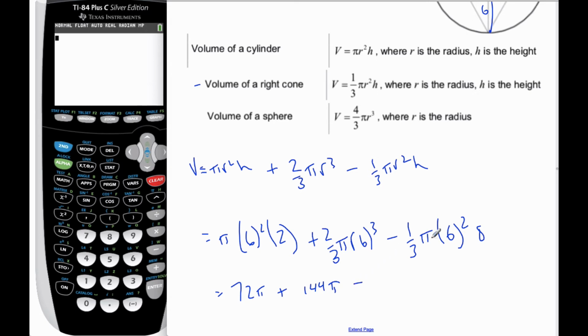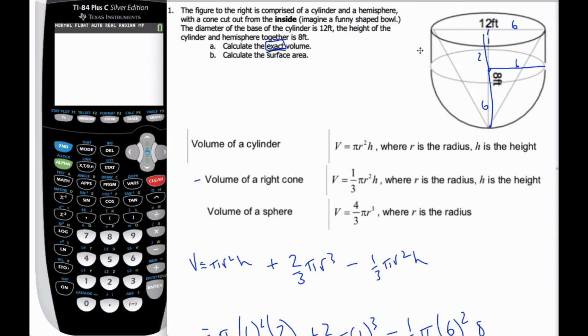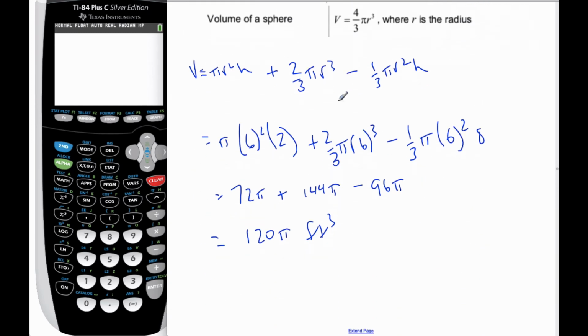And then subtract, well, 36 divided by 3 is 12, 12 times 8 is 96, so 96π. Put it all together, and that is 120π feet cubed. Don't forget your units. Units are given, so make sure you give them back. So here's the exact volume.